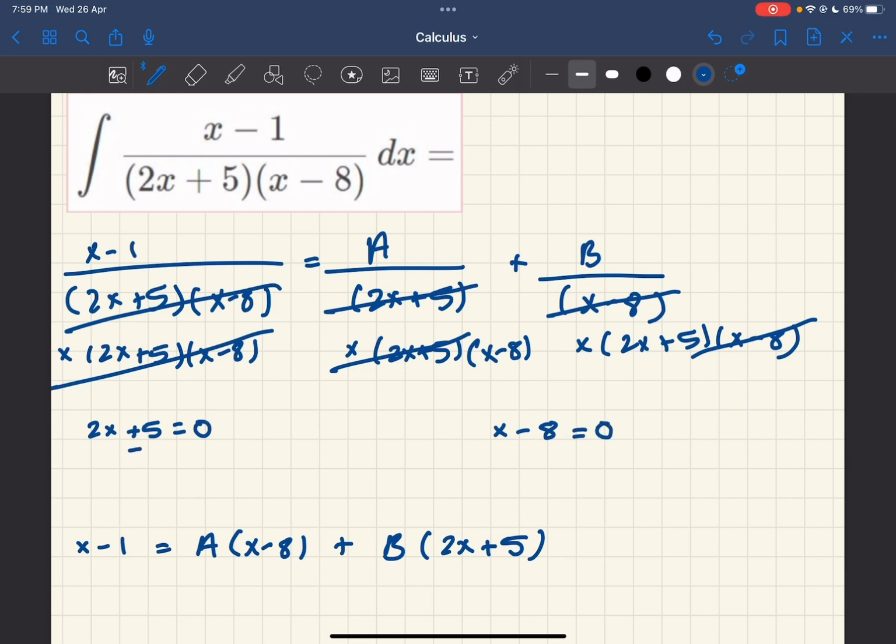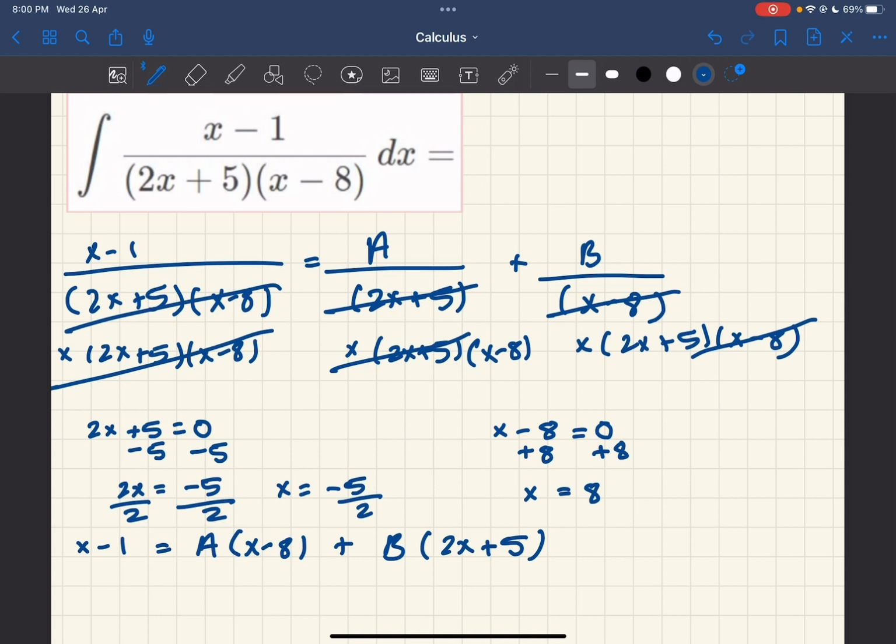We solve for x by subtracting 5 on each side. So 2x equals minus 5, and then you divide by 2 on both sides. That leaves us with x equals minus 5 over 2. On this side, we do the exact same thing: plus 8 and plus 8, and that leaves us with x equals 8.